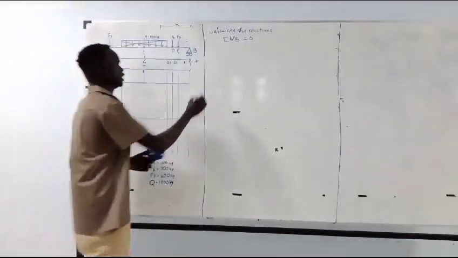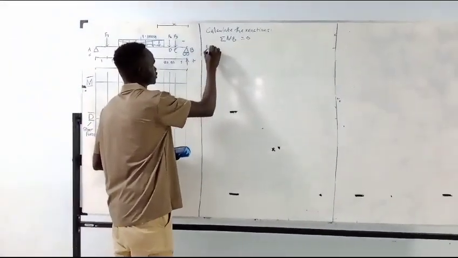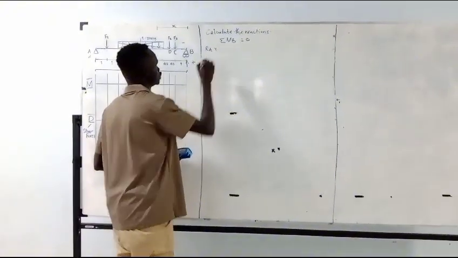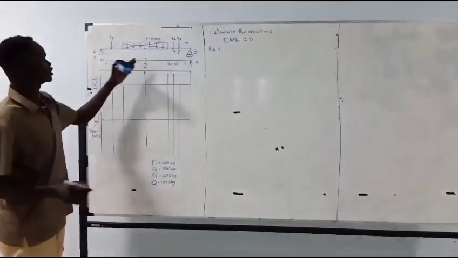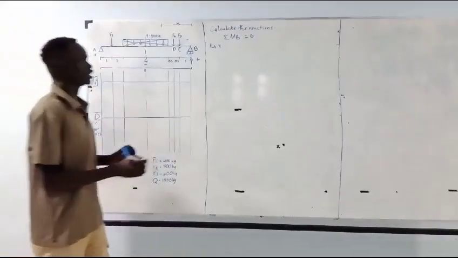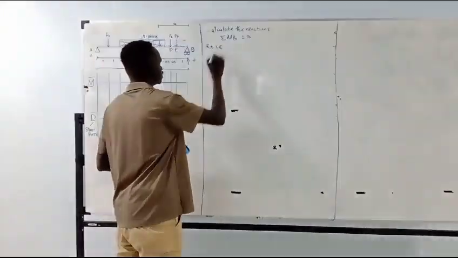So I will say RA times the total distance, which is 8 meters, so I multiply by 8.